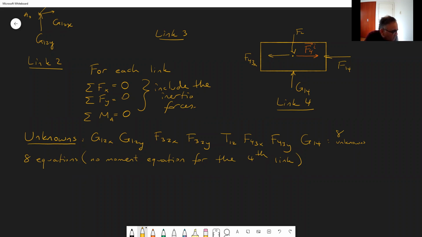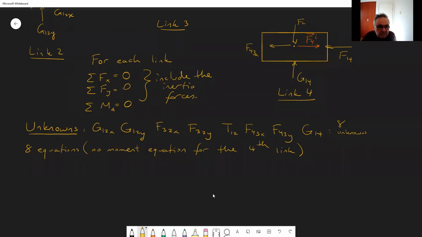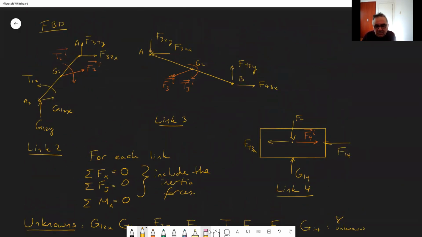Well, okay. It is possible to write these equations and then solve them. For example, again, just as a sample, let me do it for the second link.